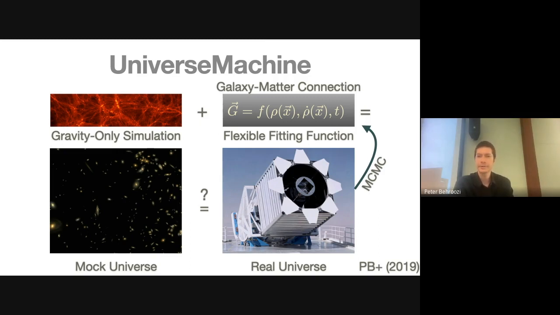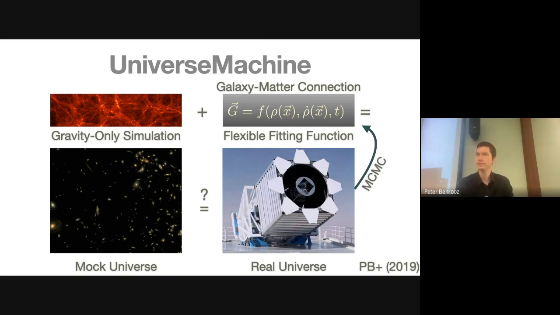And the answer is, for your first guess, not similar at all, because you don't know where to start. But then you iterate, you guess and check many times. The fancy word for that is, of course, MCMC, until you recover the distribution of galaxy matter connections that match what the real universe is telling us.